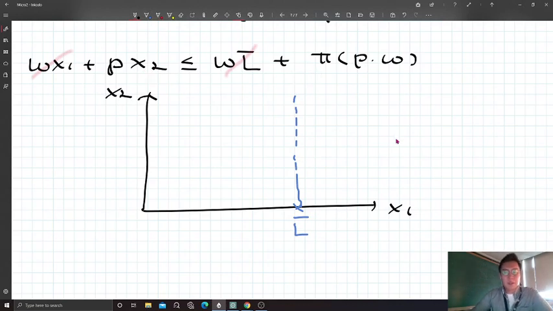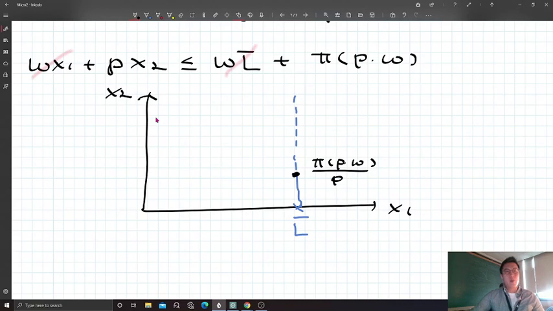Okay, so the budget line should pass through this point. And now think about the intersection with this vertical axis.